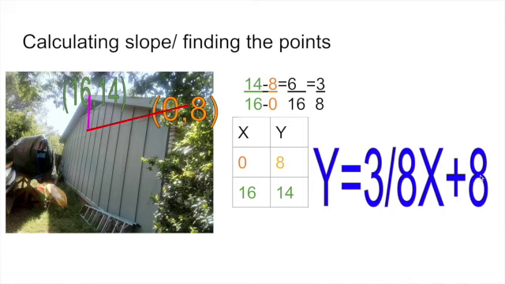And why are we saying plus 8 here? Well, we're saying plus 8 because our starting point is already 8 feet off the ground. So my y-intercept here is going to be 8. When x is 0, y is 8. So at the end of my equation, we're going to add that constant. We're going to add that 8 in there.